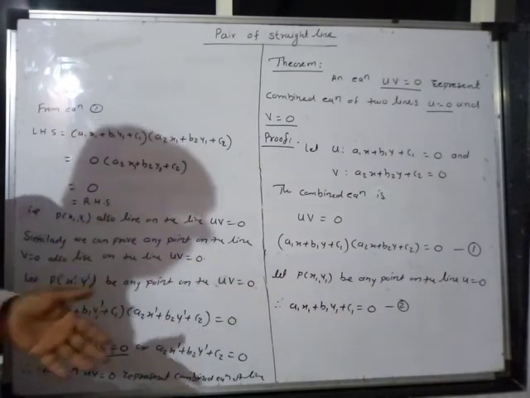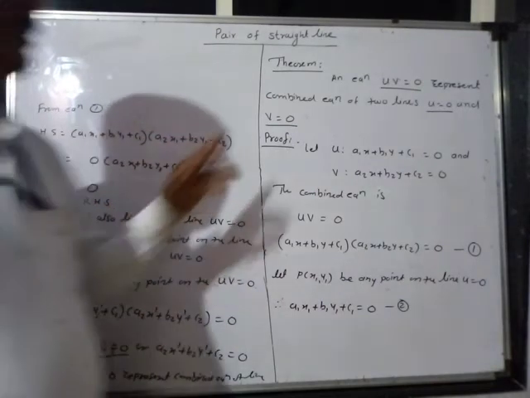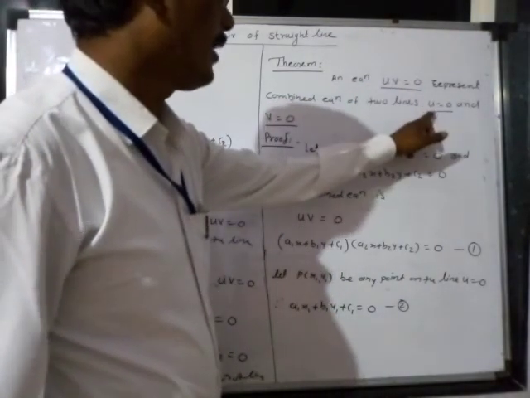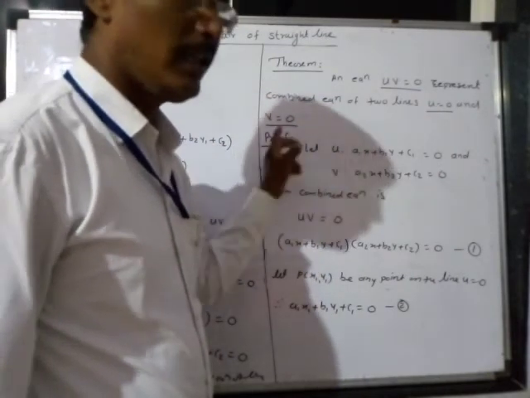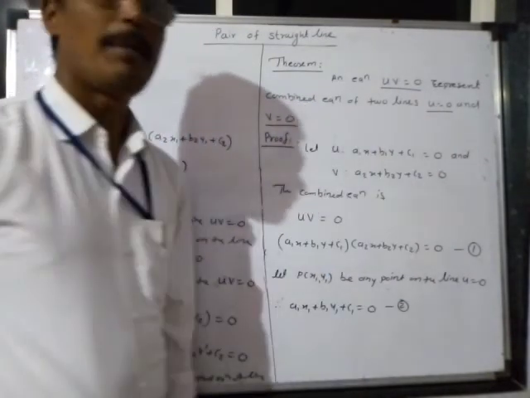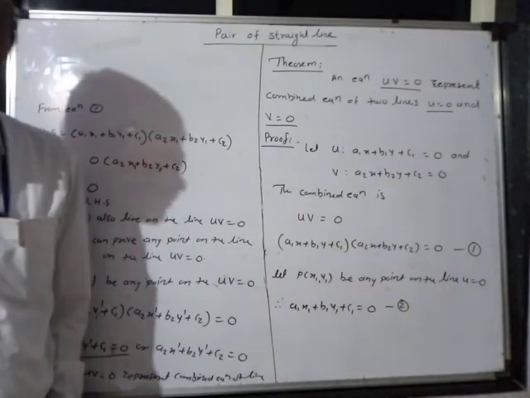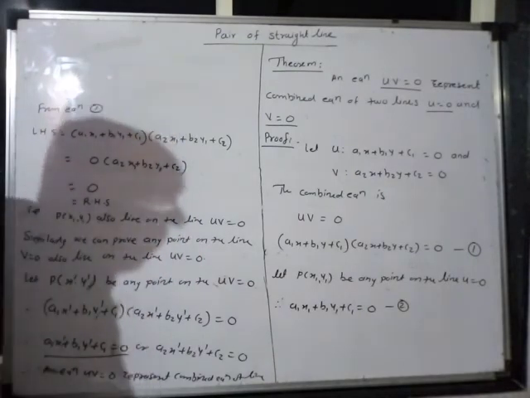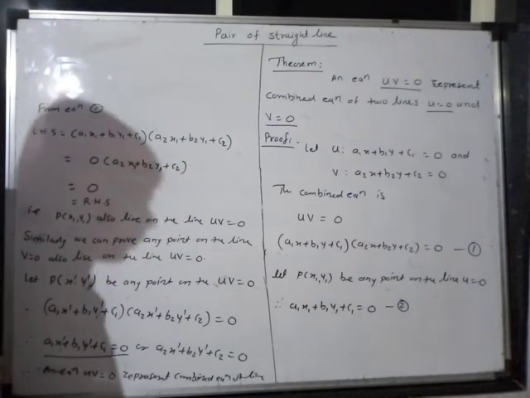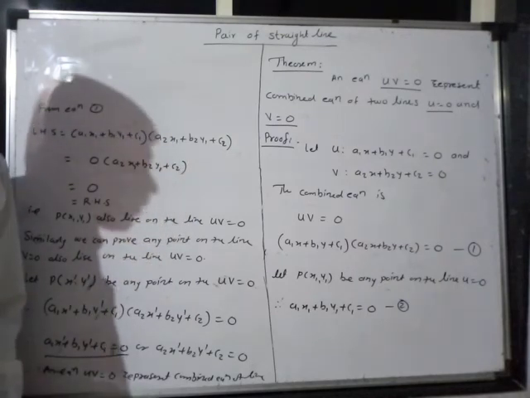The remark, understood? Remark समजला का? याच हे जर इक्वेशन कंबाइंड इक्वेशन या दोन लाईनचं असेल तर यालाच आपण काय म्हणतो, पेअर ऑफ स्ट्रेट लाईनचं इक्वेशन असं म्हणतो. यालाच काय म्हणतो आपण, पेअर ऑफ स्ट्रेट लाईन. कंबाइंड इक्वेशन इज ऑल्सो कॉल्ड एज द पेअर ऑफ स्ट्रेट लाईन.